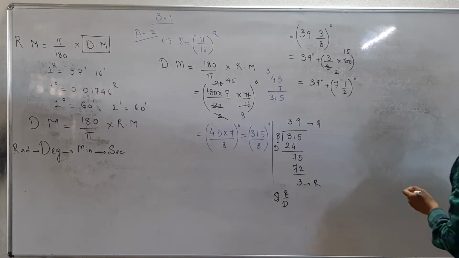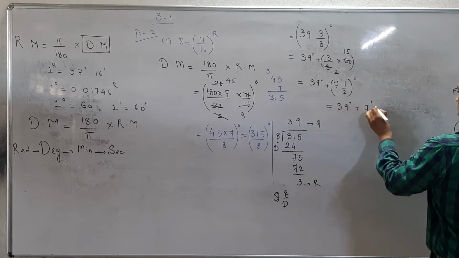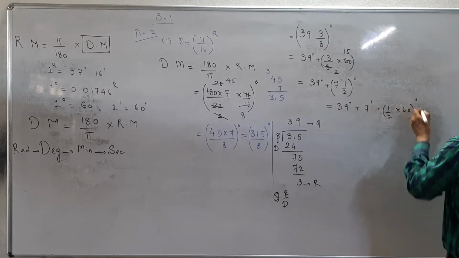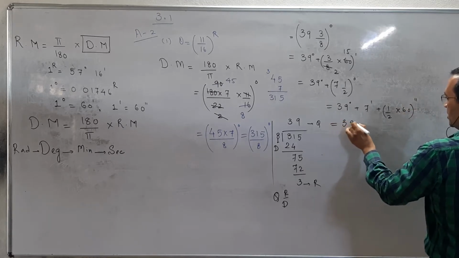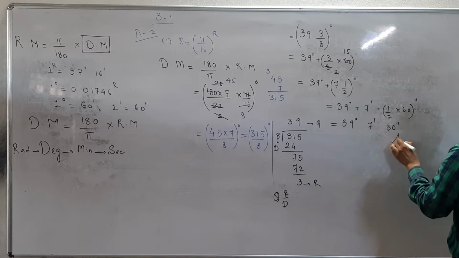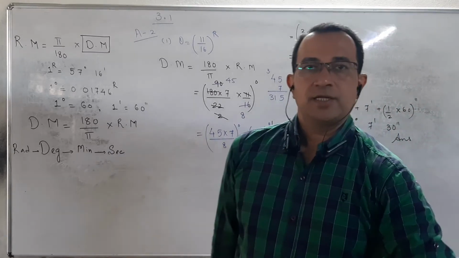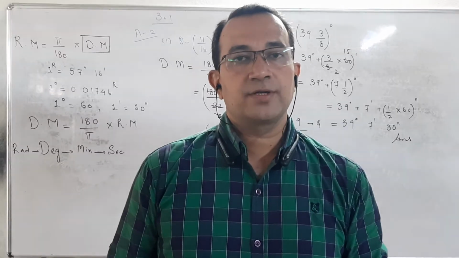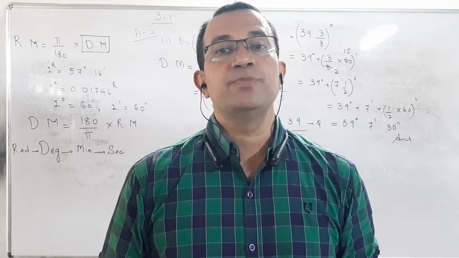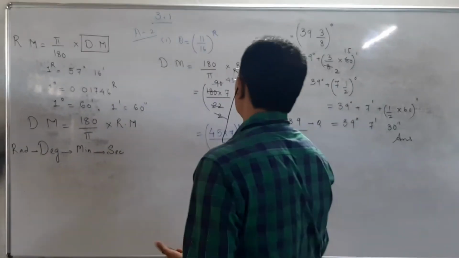Again separate out the integer part and fractional part and convert it into seconds. So our final answer will be 39 degrees, 7 minutes and 30 seconds. So fractional part we have to separate out and first convert it into minute, and then students, minute to what? Seconds. This is what we have to do. That's all students.